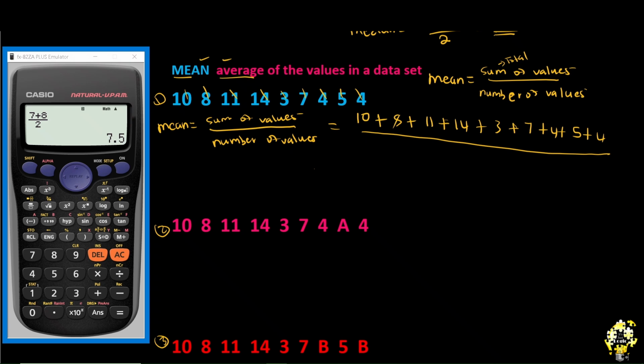Now we said divide by the number of values. Now we are going to say 1, 2, 3, 4, 5, 6, 7, 8, 9. Meaning that the number of values is 9. So we have divided by the number of values, which is 9. Let's go to our calculator to make things simple for you.